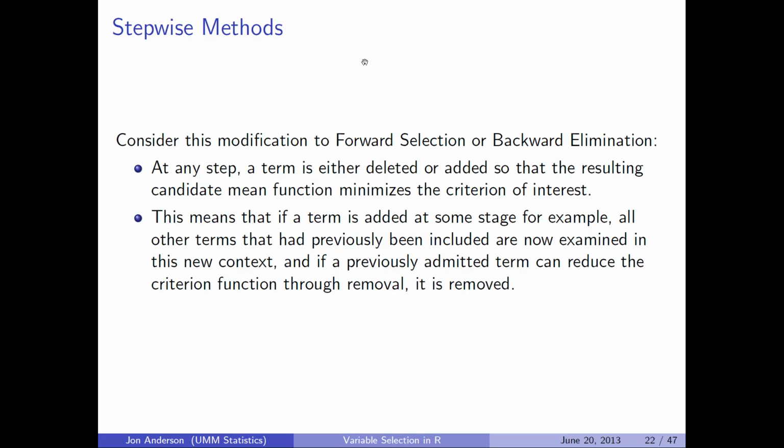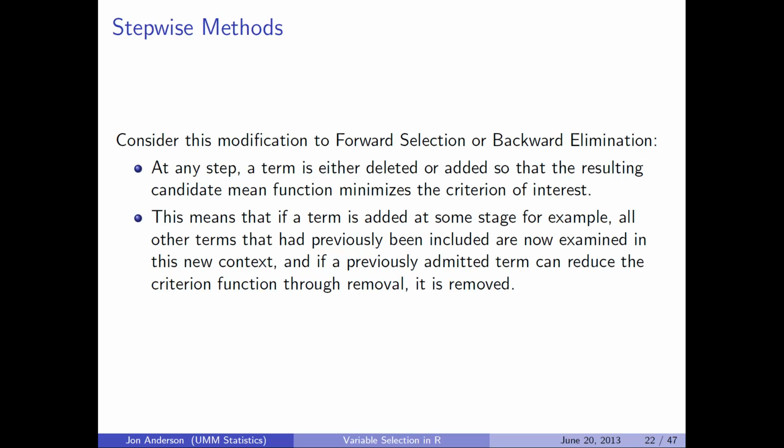And then there are options called stepwise options to either going forward or backward. Probably best to think about it in terms of going forward. As we add a new significant term to a model, what we should do really is check to see if all the predictors that were added previously are still needed in this new model.